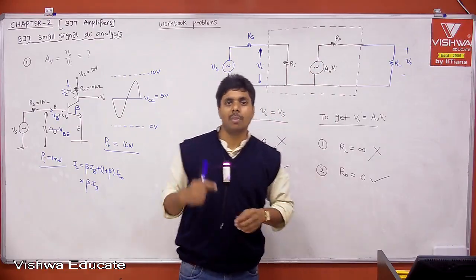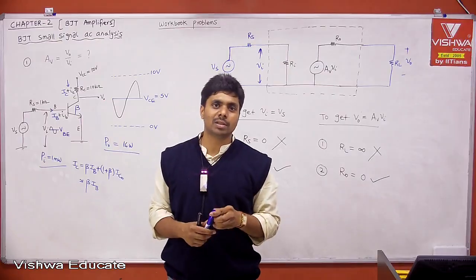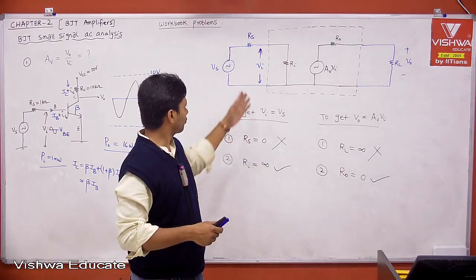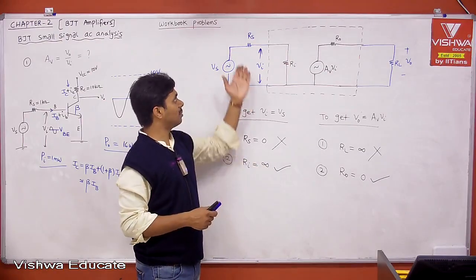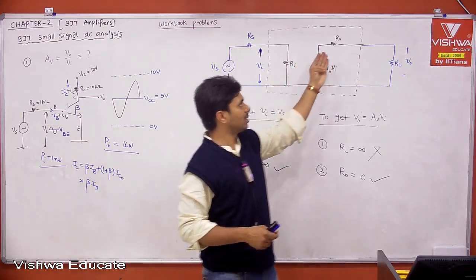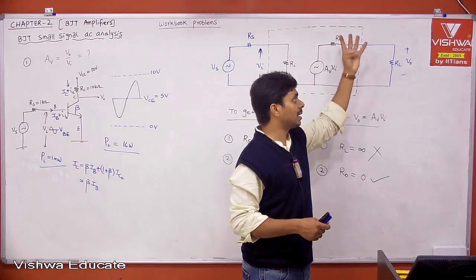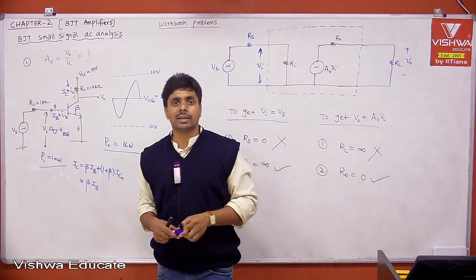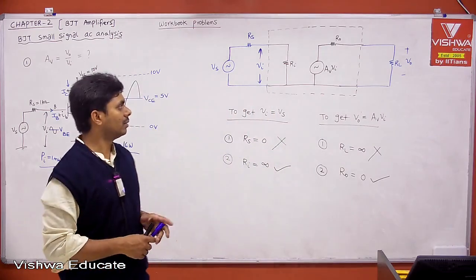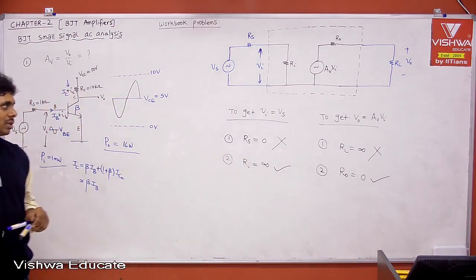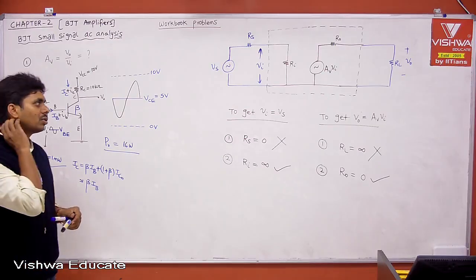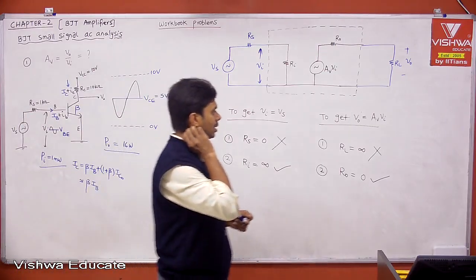But if you take the common emitter amplifier, what is the input impedance? The input impedance is 1 kilo ohm, which is comparable to the source resistance. Your output impedance is 52 kilo ohm, which is greater than 10 kilo ohm, greater than your load value. Take this, I'll give you some observations, then we can continue to the next problem. Okay, this is the theory part.